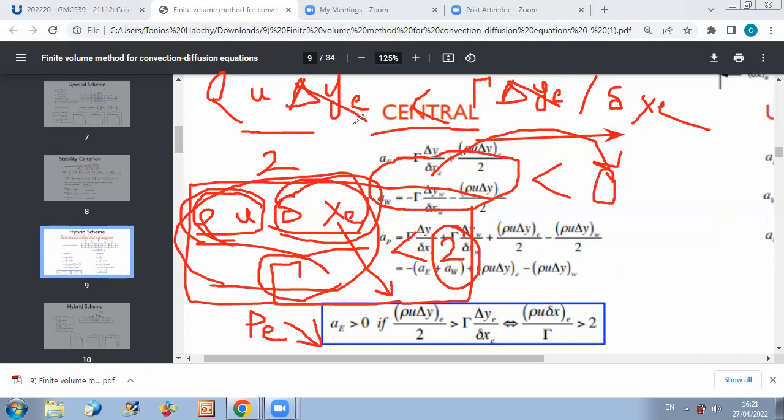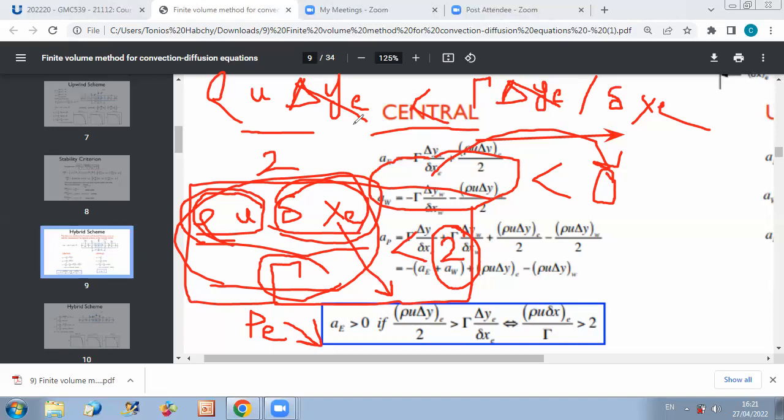Of course, we have a limit in decreasing delta x, and if I decrease delta x a lot, I will have increased computational time. So the advantage of the hybrid scheme is that for any cell, I calculate the Peclet number. If the Peclet number is smaller than 2, I use the central scheme in this cell to approximate the variation of my variable phi.